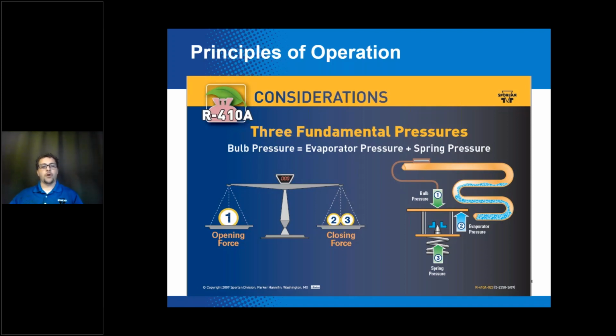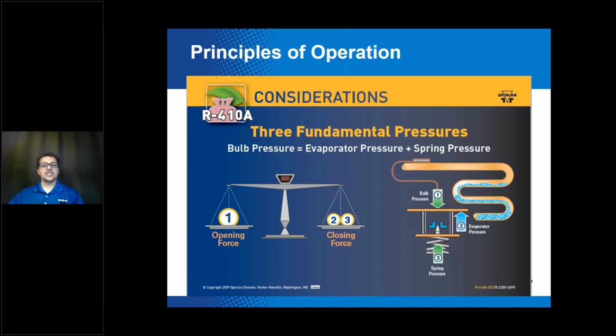So going back to bulb pressure, the next question is what creates bulb pressure? I've already mentioned that there is a thermostatic charge inside the thermostatic element, and the charge is really what makes the magic of the valve happen, if you will. The bulb of the thermostatic element is going to be connected to the suction line, and that bulb temperature should match the temperature of the refrigerant vapor at the bulb location.